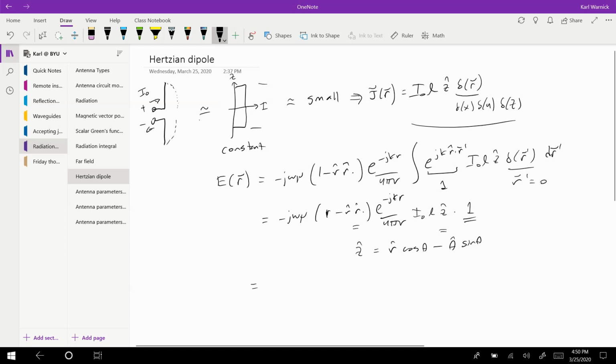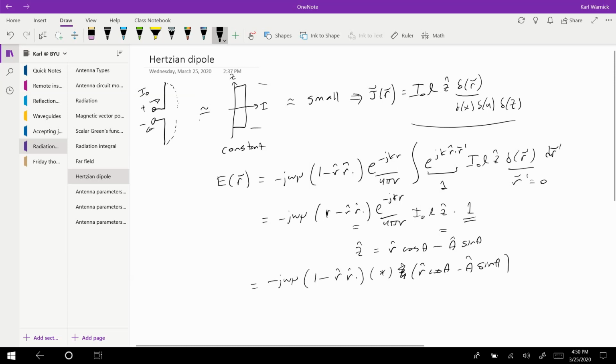So now I'm going to plug that in and work out the dot products. I have minus j omega mu (1 minus r hat r hat dot) I'm going to just leave out the e to the minus jkr over 4 pi r, so I don't have to keep writing it. What I'm working with now is the z hat, but that is the r hat cosine theta minus theta hat sine theta.